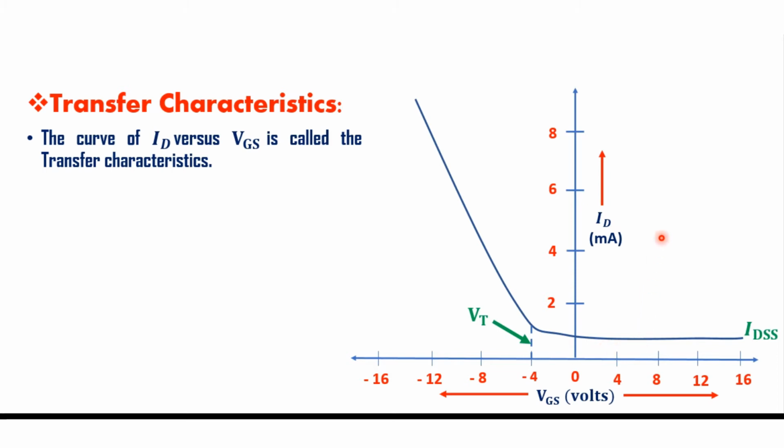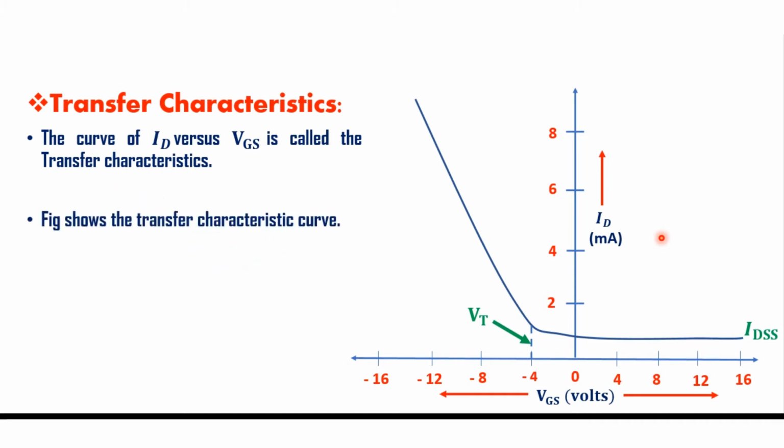That means how the drain current varies with respect to gate to source voltage, that curve gives the transfer characteristics of the P channel enhancement MOSFET.